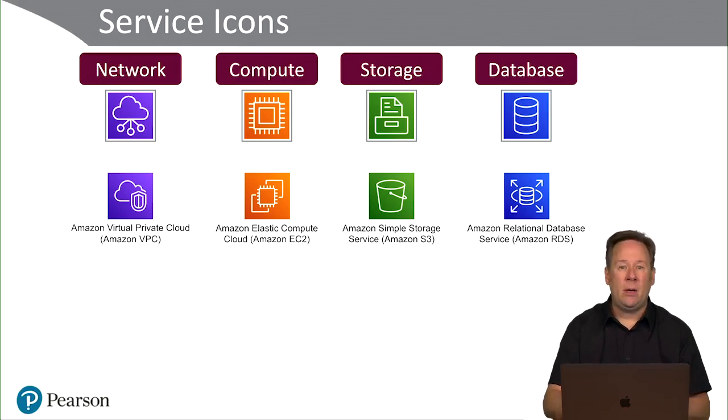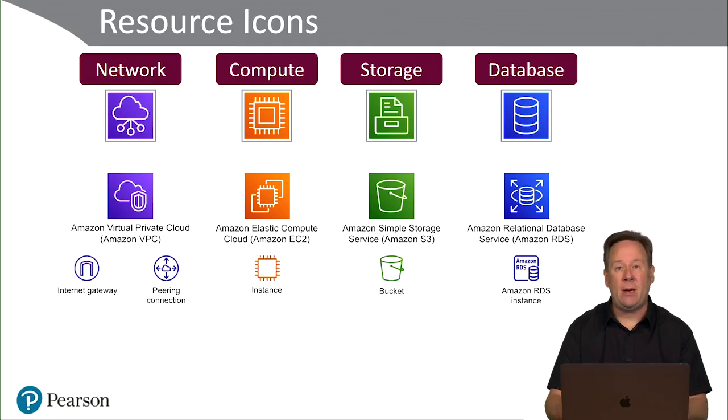But that's not all. As we go a little bit deeper, we'll find that AWS also provides different resource icons. There's not 100% coverage on the resources, but the popular services and features will all have representation here, so that rather than just dropping a VPC icon onto your diagram, you can create a VPC with subnets and peering connections and internet gateways and so forth.